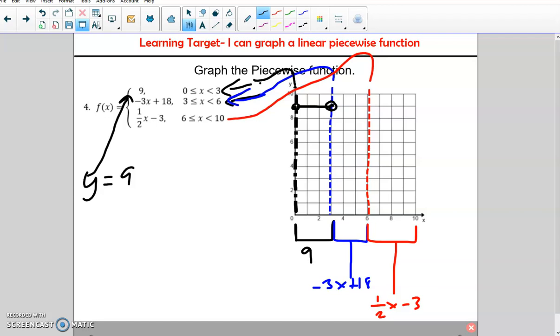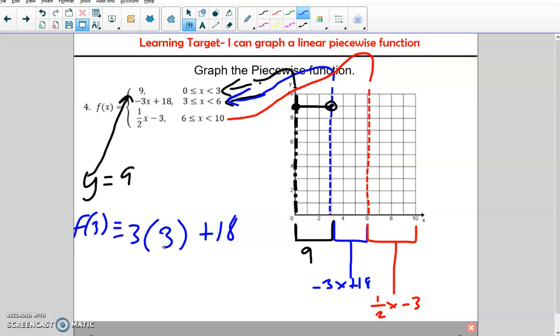Now, let's evaluate negative 3x plus 18. The 3 is definitely included in this, let's call it the blue section, of our piecewise function. So what happens if I plug 3 in? I've got negative 3x plus 18, and I want to evaluate this at 3, so I'm going to put in a 3 for my parentheses here.